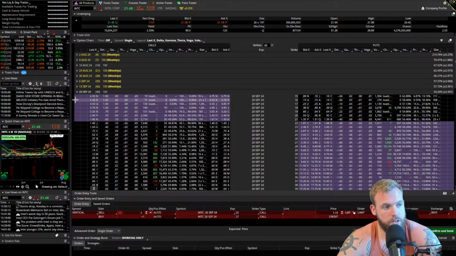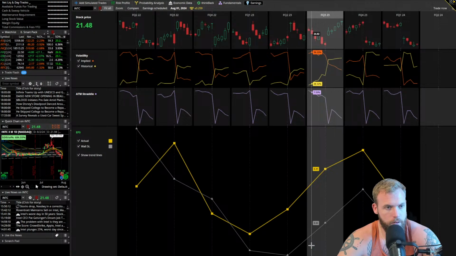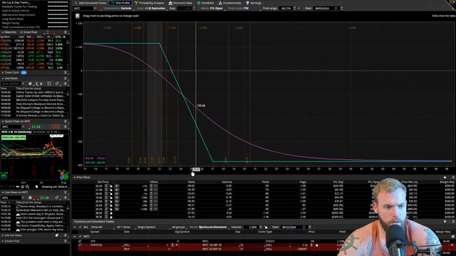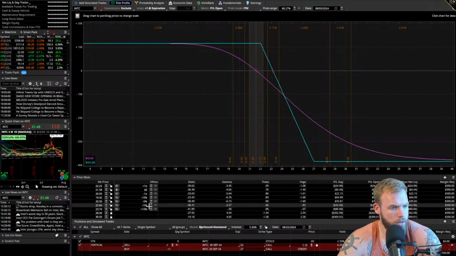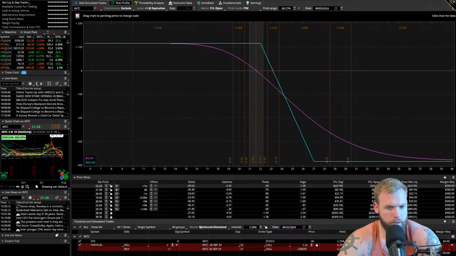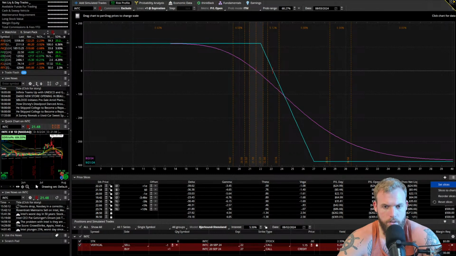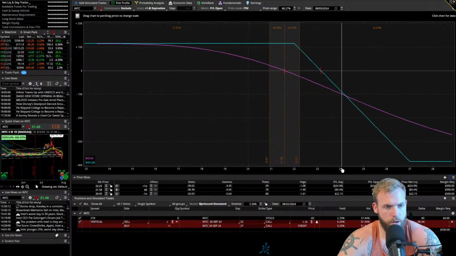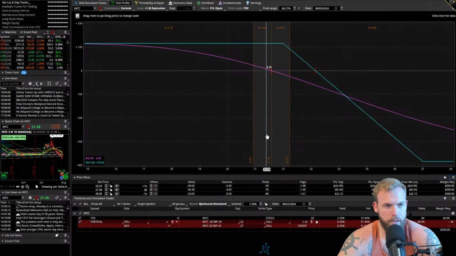So in this case, when we have this kind of vertical, you can see these are all messed up. That's weird. Let me just do like plus or minus 1 standard deviation. So you can see this has a really high probability of profit.